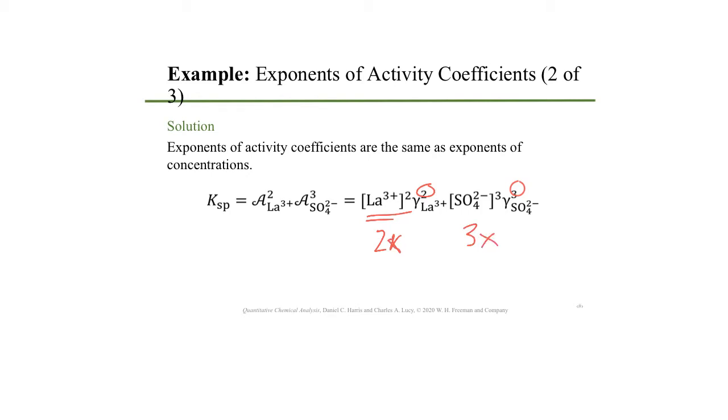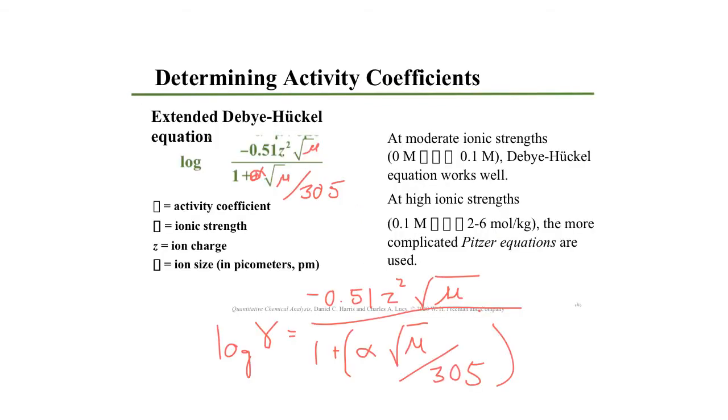So we have to be careful in using the appropriate stoichiometry. Okay, so this one got severely corrupted, but what we're looking at is the activity coefficient. So we're solving for it. It's the log of the activity coefficient, and that's equal to the negative 0.51 times the charge squared.